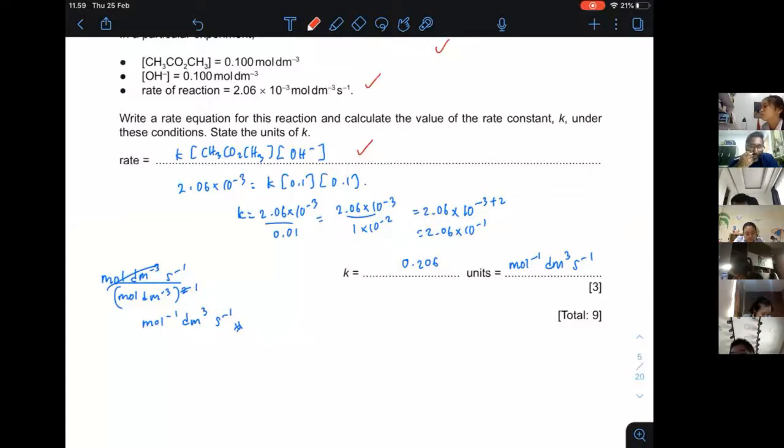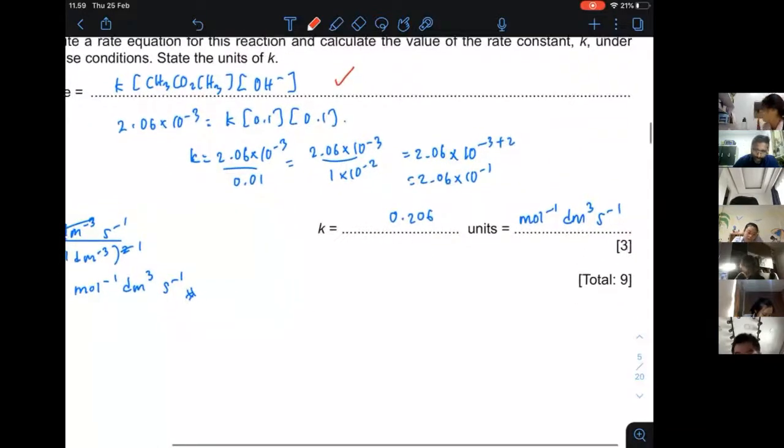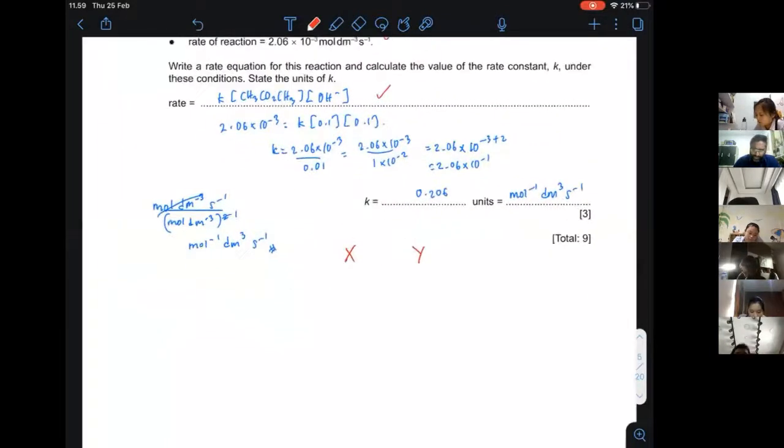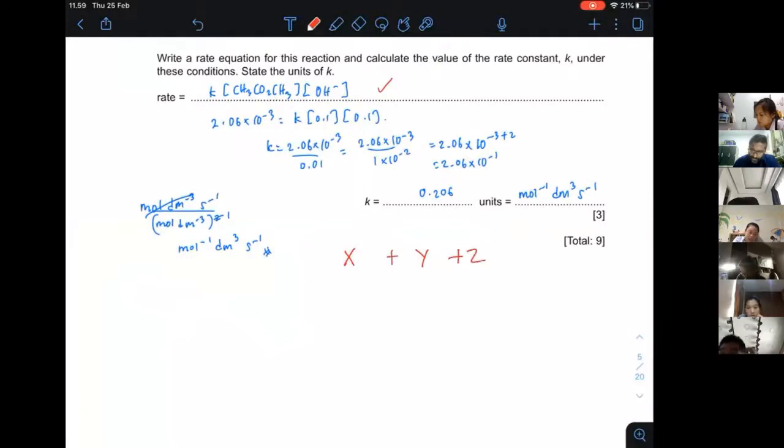So when you put something in excess, let's say for example, I know X and Y, and in the reaction X plus Y plus Z gives you something.